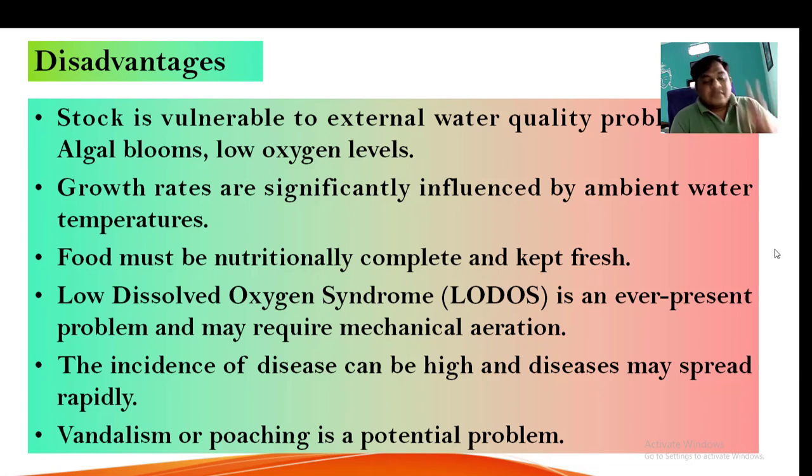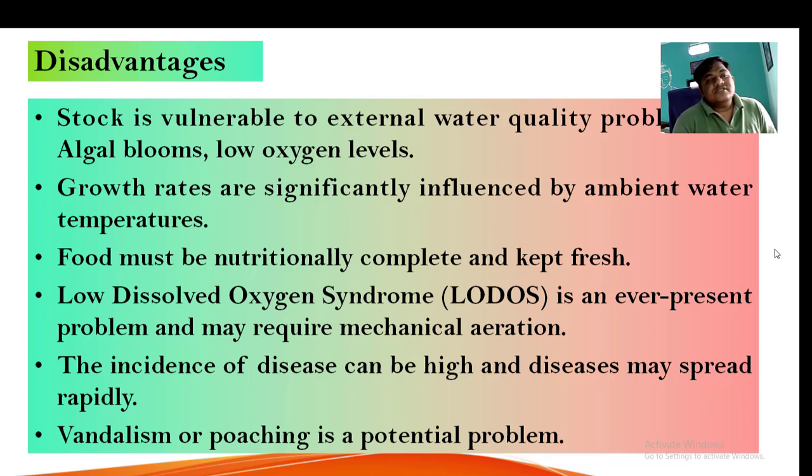When we give feed to the fishes, it should be nutritionally complete and fresh. If that does not happen, then a number of diseases arise. This is also one of the disadvantages of cage culture.